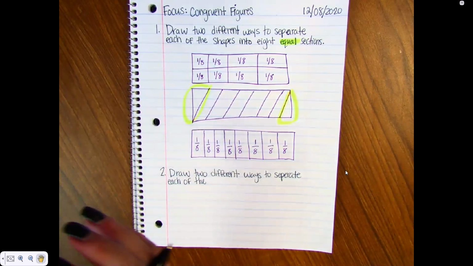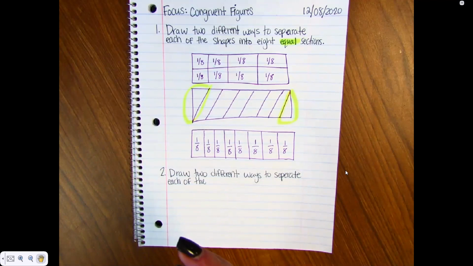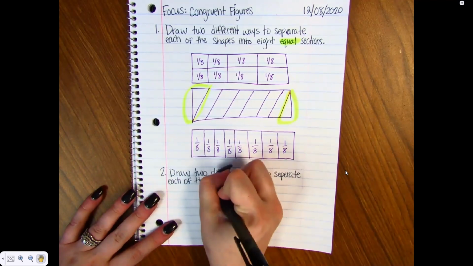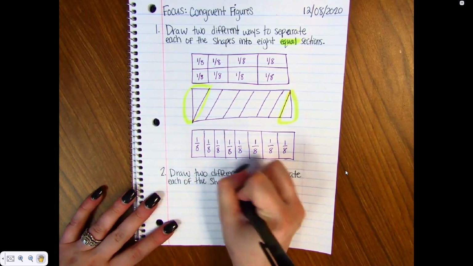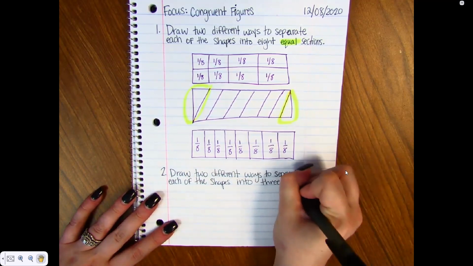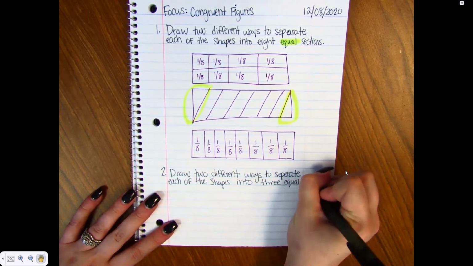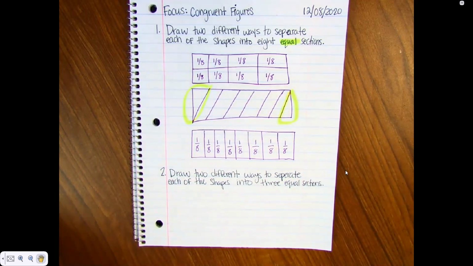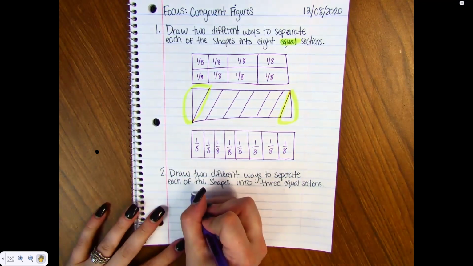It's okay, Bianca. Draw 2 different ways to separate each of the shapes into 3 equal sections. Bianca, just get back on when you can, okay?